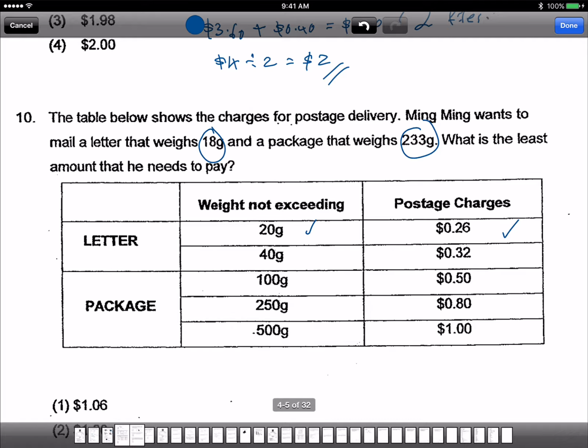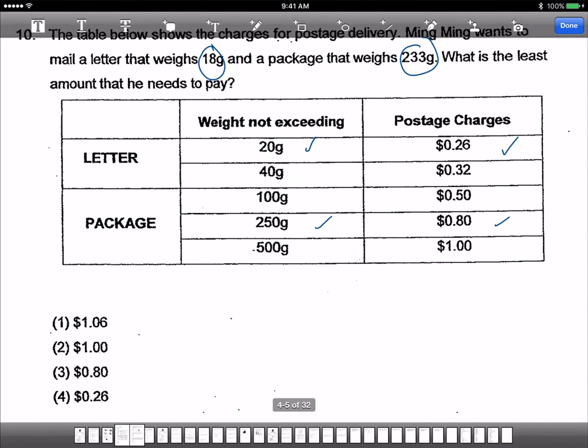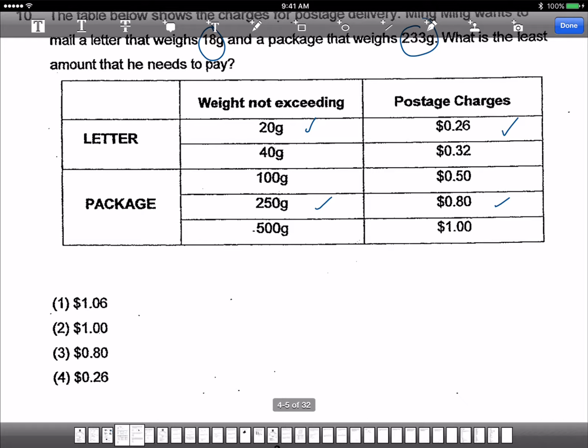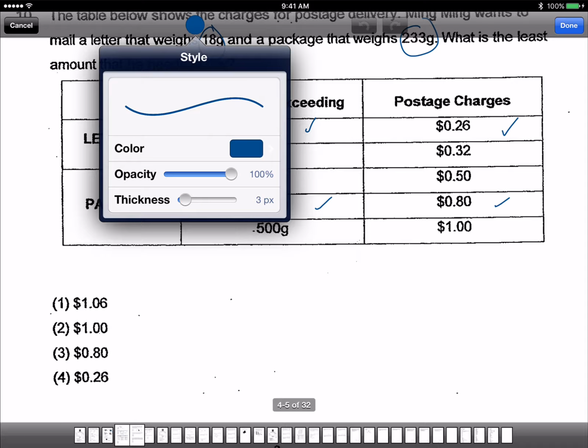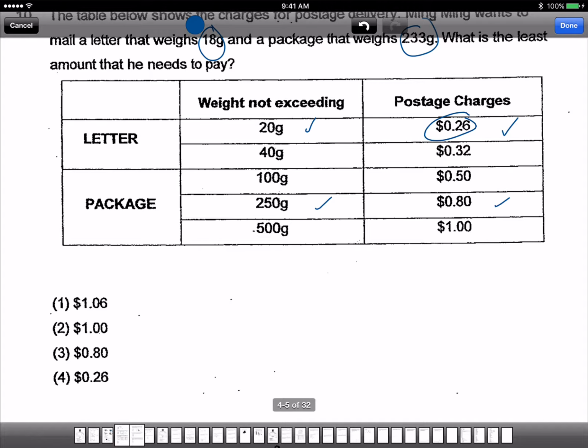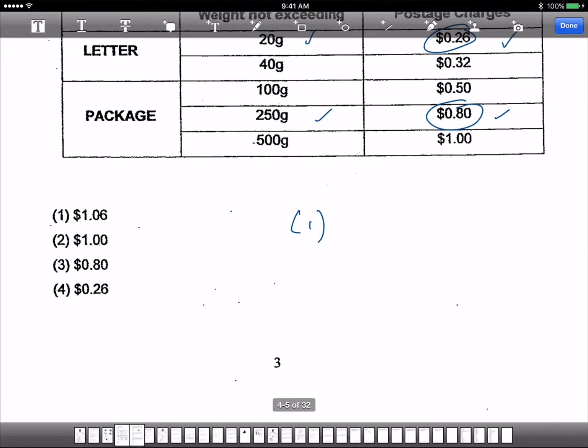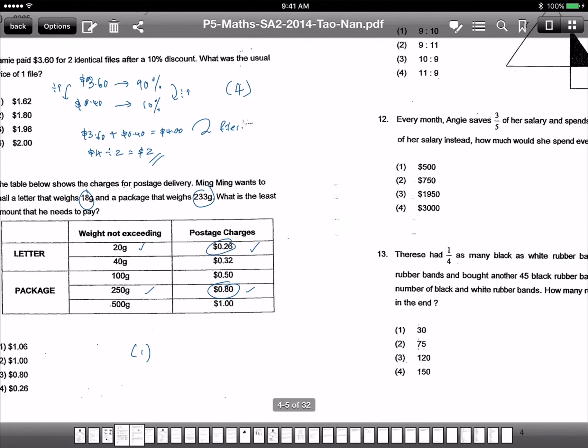Now the package weighs 233 grams, which is between, it should be in this category, right? The least amount he needs to pay will be the summation of these two figures. So the answer is 1. Next.